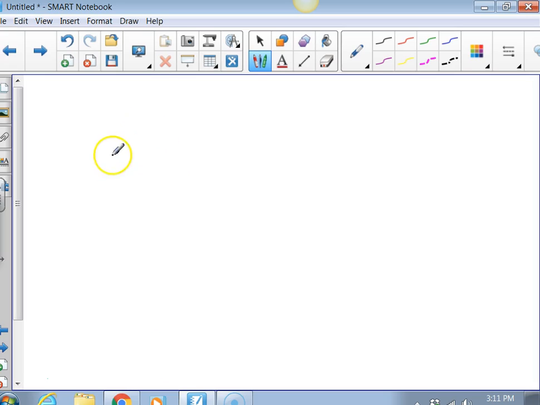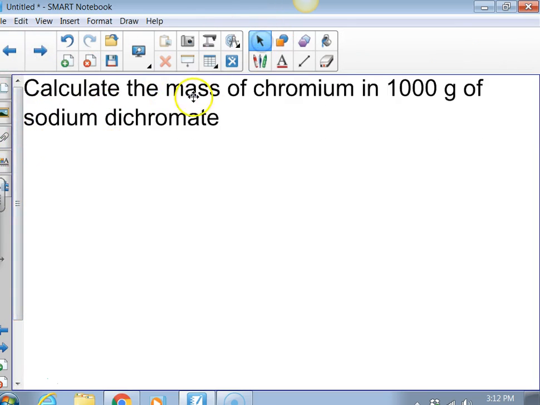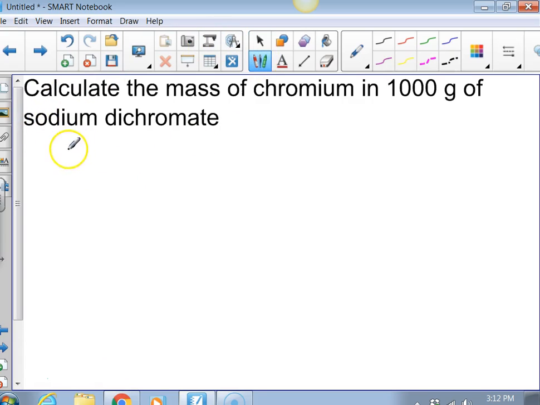All right, the next problem, we want to know the mass of chromium in 1,000 grams of sodium dichromate. So, following the same problem-solving style, first of all, we need the formula for sodium dichromate. We have Na2Cr2O7.